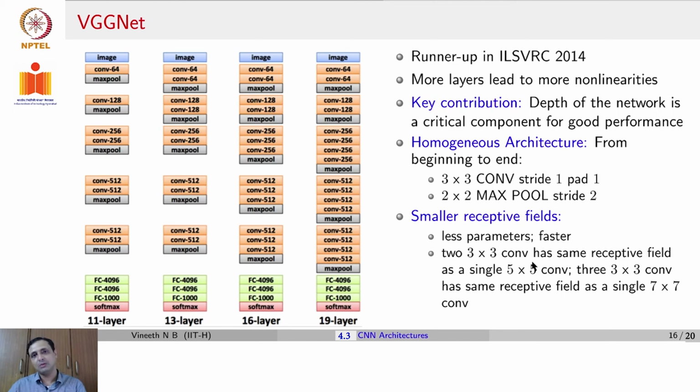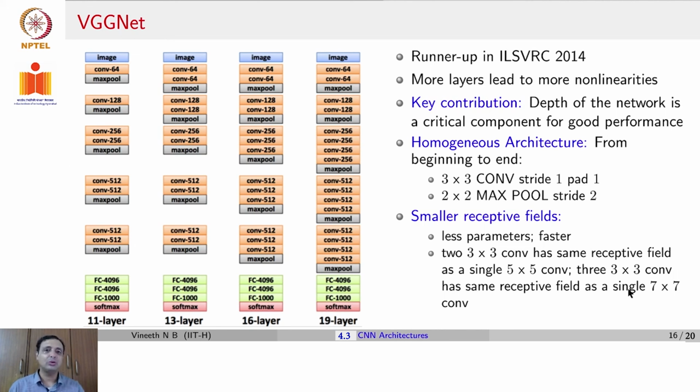If you do a 3x3 convolution on the output of that first one, you would have the effect of a neighborhood of 5x5 pixels in the original image having an effect on the later output. Rather, two 3x3 convolutions have the same receptive field as a single 5x5. Similarly, three 3x3 convolutions have the same receptive field as a 7x7 convolution, and so on.